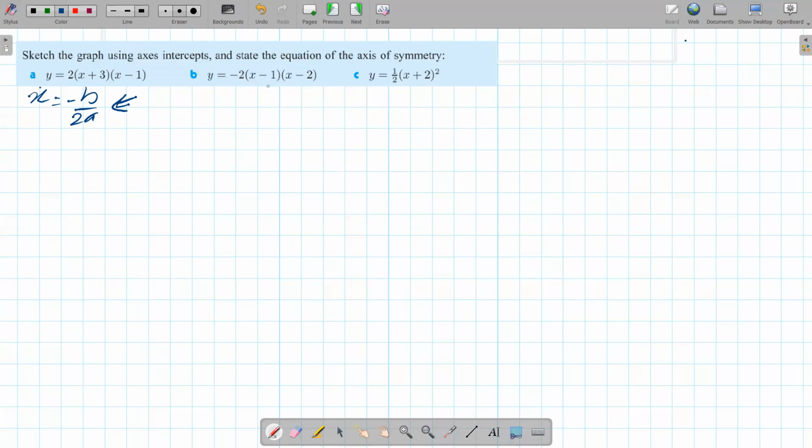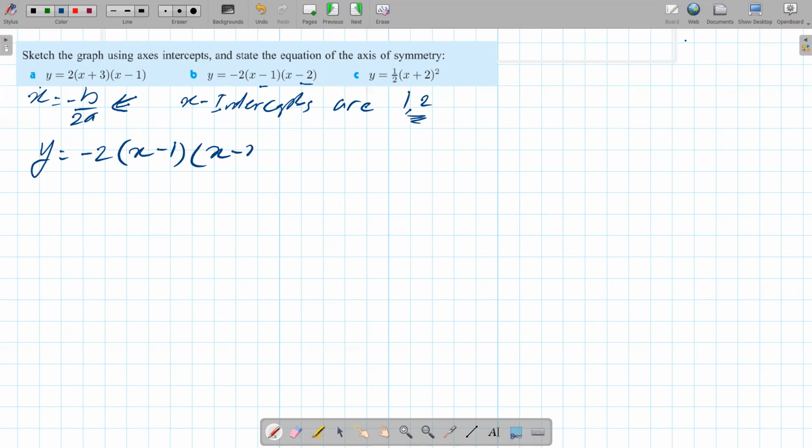Here we have x minus 1 and x minus 2 that represent the x-intercepts 1 and 2, right? Right, Yala? Yeah. Okay, after that, y equals -2 times x minus 1 times x minus 2.